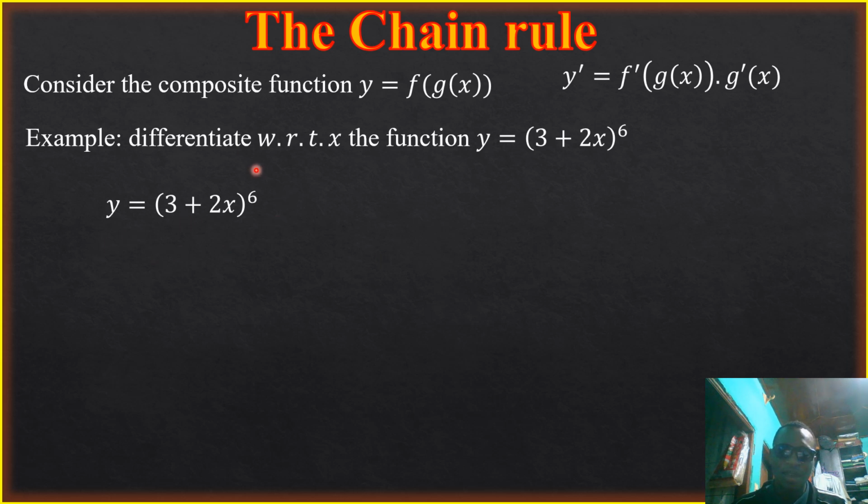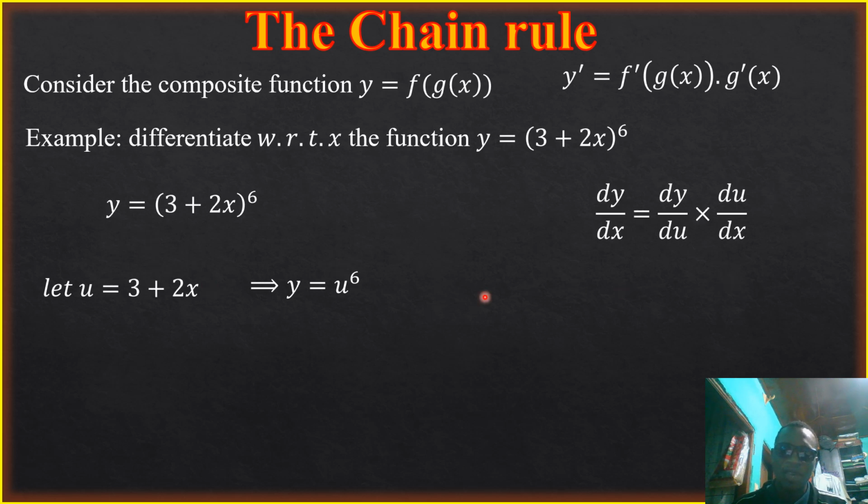So we call this my function y, then I will call the inside function u equals 3 plus 2x. From here, my y will now become u raised to the power of 6. I'll show you why I was explaining that in the other slide. So from here we know our dy/dx is dy/du times du/dx.